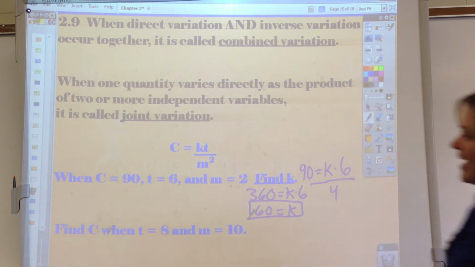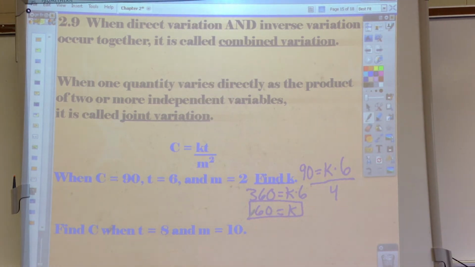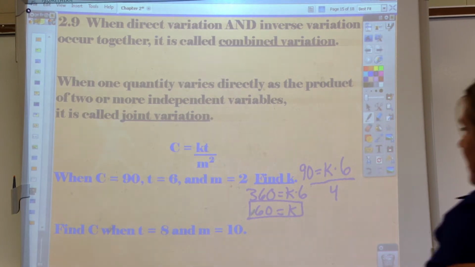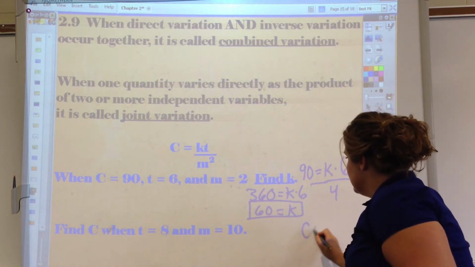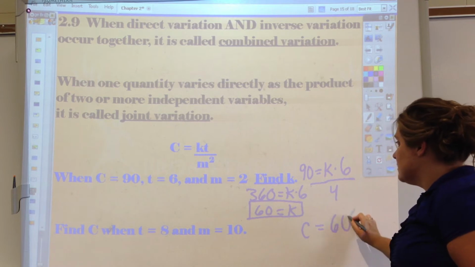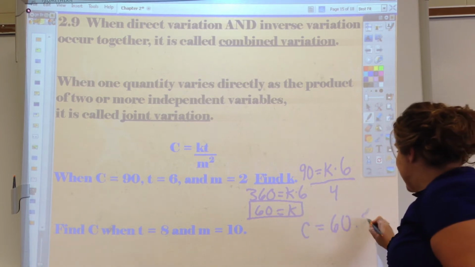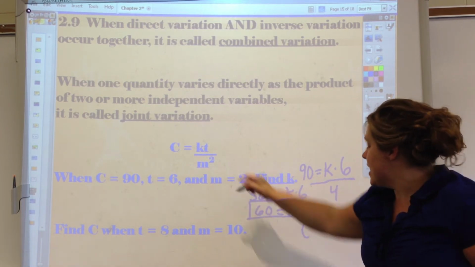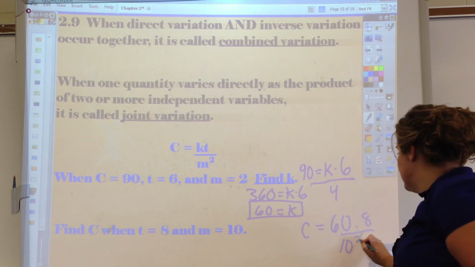My next question asks me to actually find c when t is 8 and m is 10. So now I'm going to plug in t, m, and k. And so let's see, I have c equals, my k value is 60, my t value is 8, and my m value is 10.